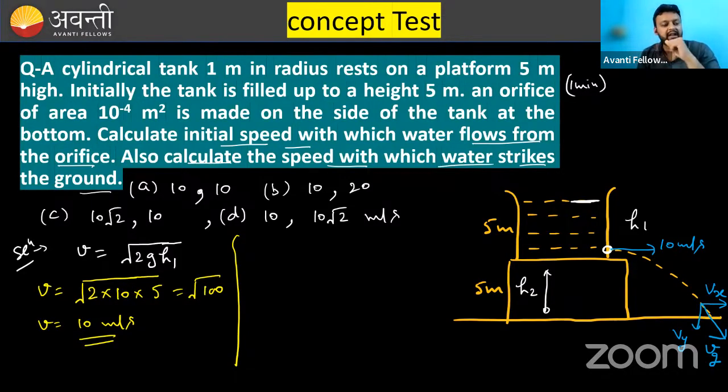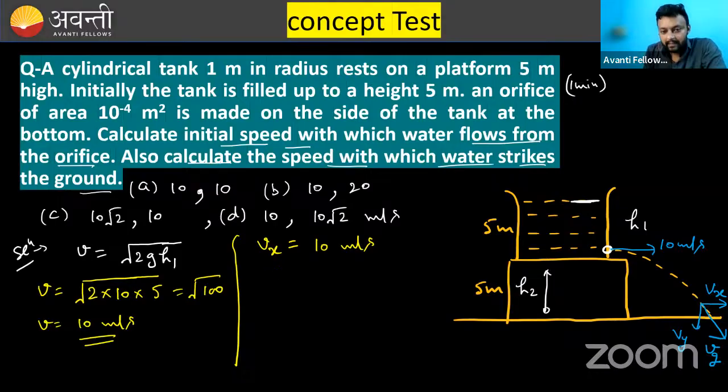So velocity in the x direction will remain constant. So I will write velocity in the x direction is constant, and that constant value is what? 10 meters per second. That's the one thing. Initially, when liquid comes out of the orifice, it has only horizontal velocity, 10 meters per second. It has no vertical velocity.